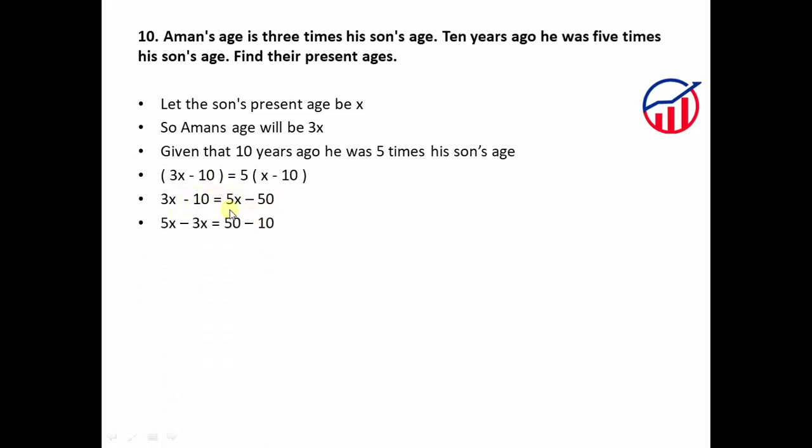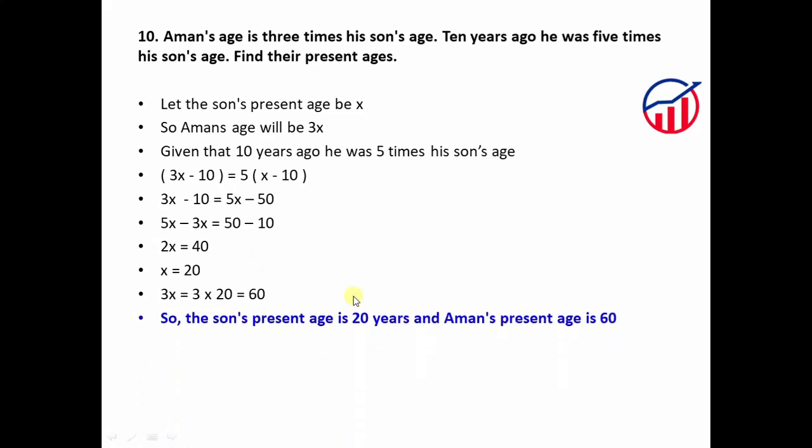So you have 5x minus 3x is, negative 50 will come as plus 50 over here. So you have what? 2x is 40, x is 20 and 3x, that means 3 into 20 is 60. So the son's present age is 20 years and the man's present age is 60 years.